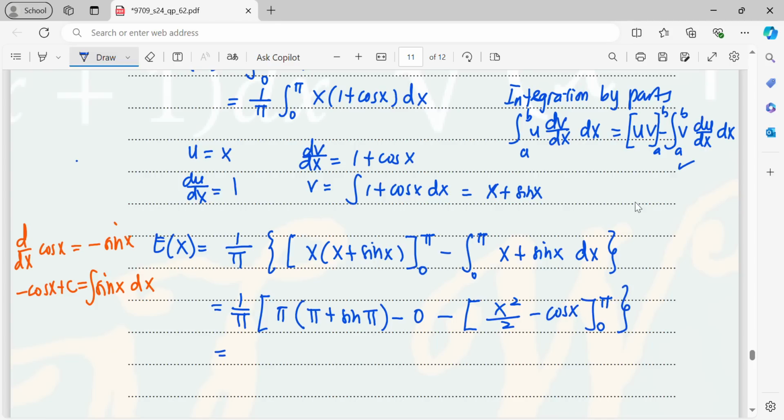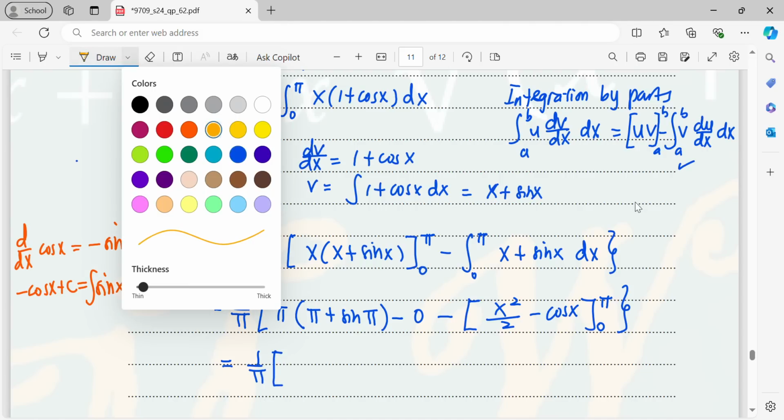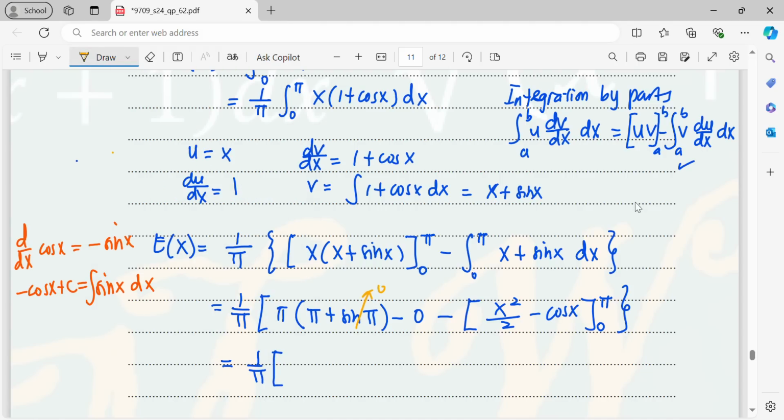Now here you will get 1 over pi. Okay, remember sine pi is 0. So here basically just multiply, I get pi squared. So this minus remains, right? I put a bracket. This pi, bring it in, replace first.